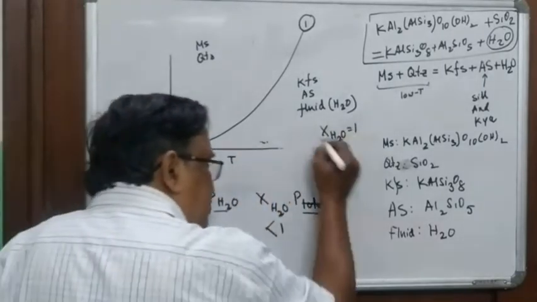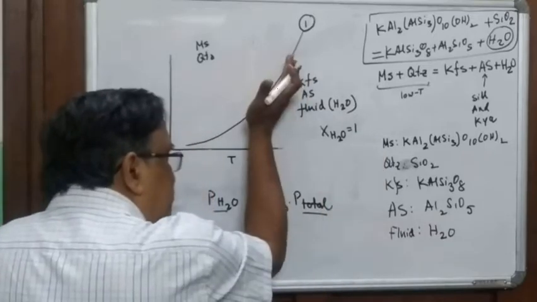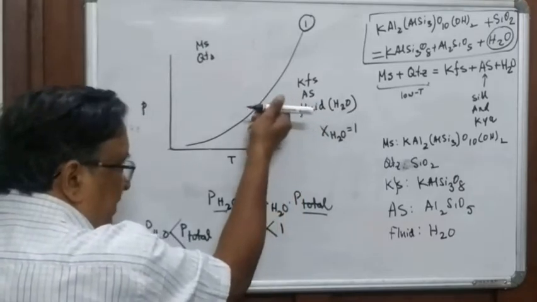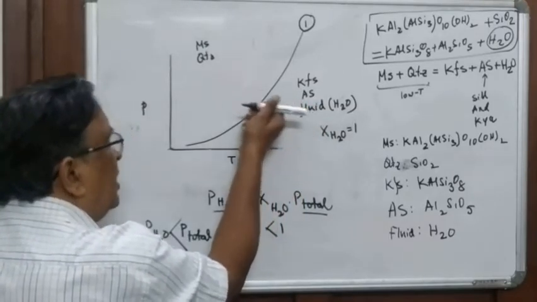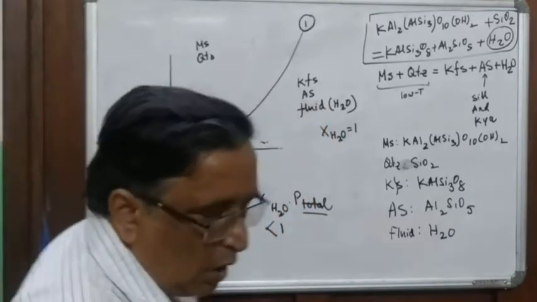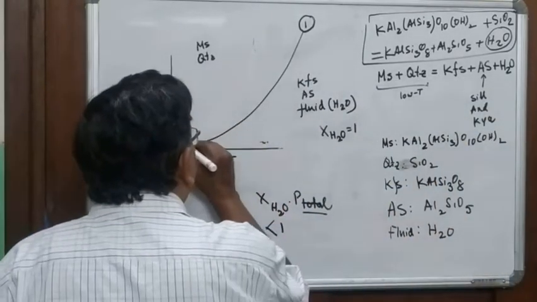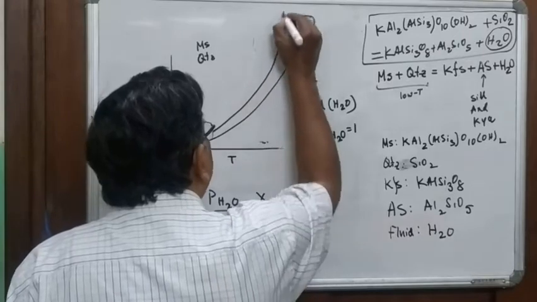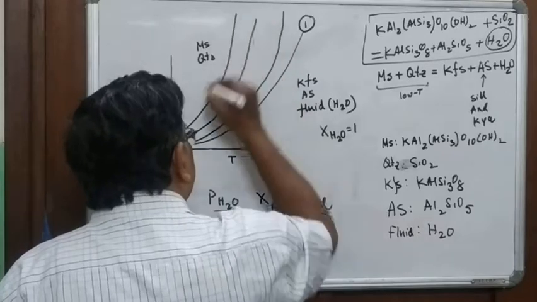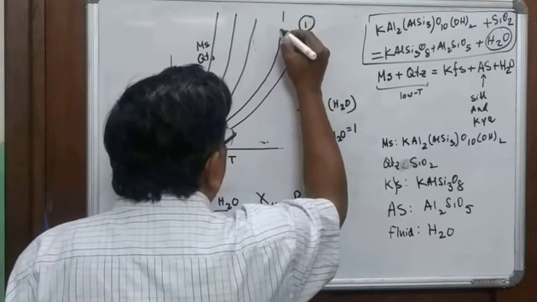If you reduce the XH2O value from 1, the graph moves in a direction opposite to where fluid H2O occurs. So this graph changes its position. I am writing it. It's not correct, of course.